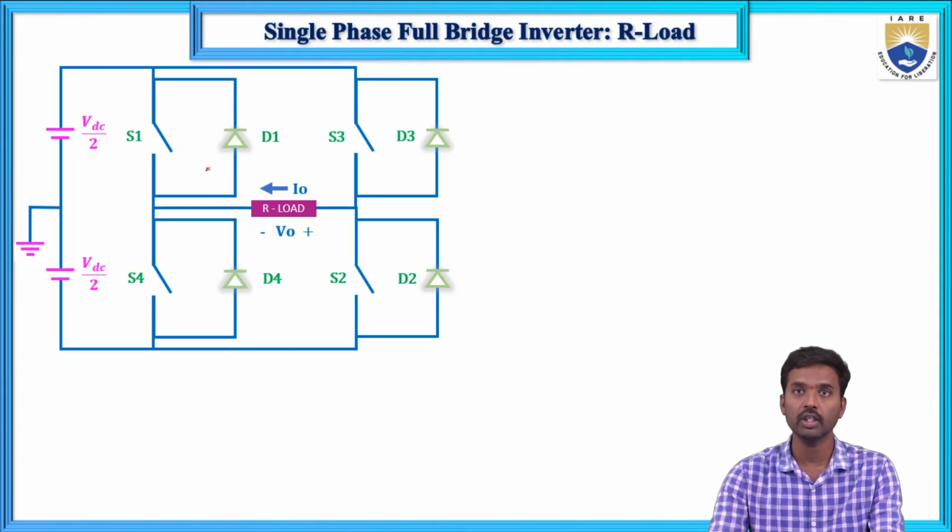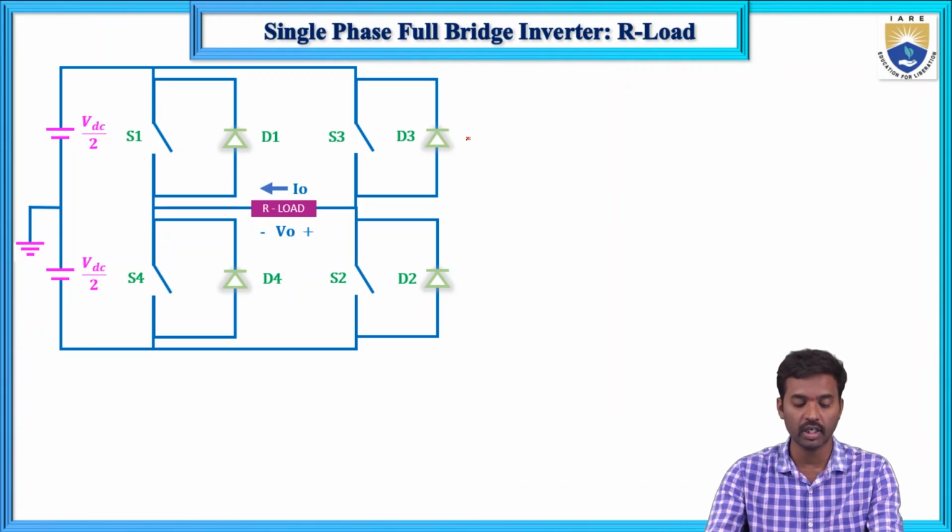S1 and D1 are connected in anti-parallel, S4 and D4 are connected in anti-parallel, S3 and D3 are connected in anti-parallel, and S2 and D2 are connected in anti-parallel. So why diodes here? In the inductive type of load, pure L and pure RL circuits, the diode will be active. So that I will explain in the next slide.